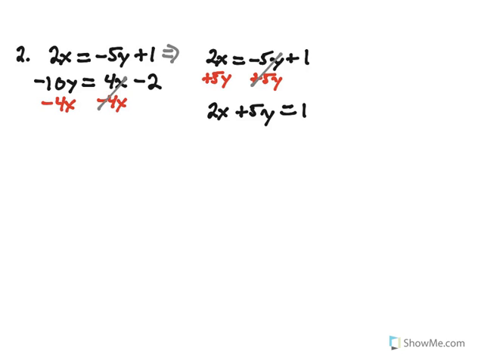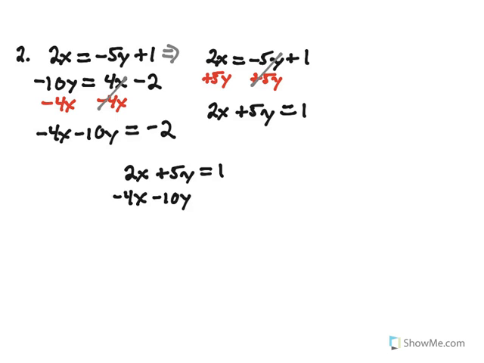And that way, these cancel. Now you're just left with, instead of writing negative 10y minus 4x, I'm just going to write the minus 4x first. Then the minus 10y, that equals negative 2. And if I go ahead and write these under each other, then the first one is 2x plus 5y equals 1. The second one is minus 4x minus 10y equals negative 2.